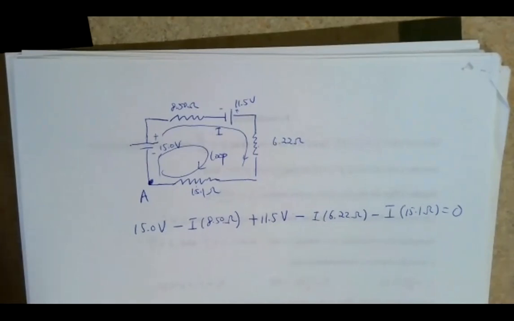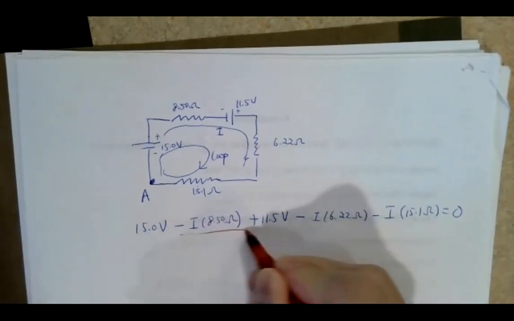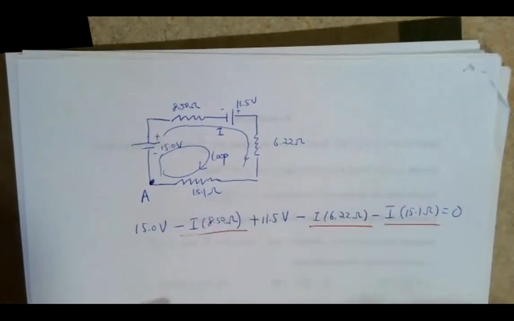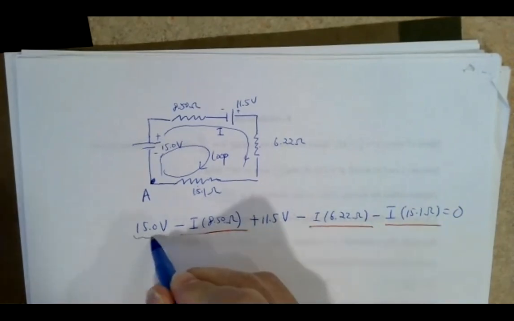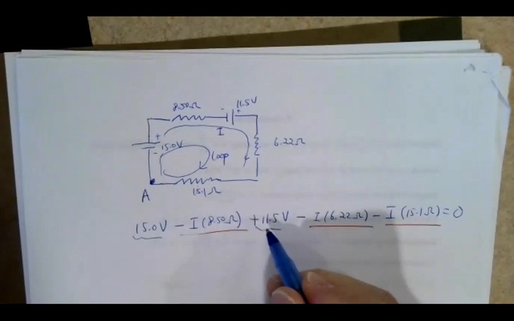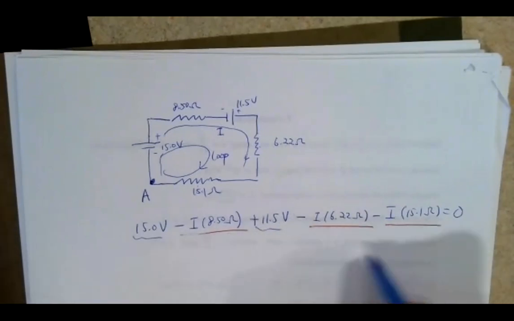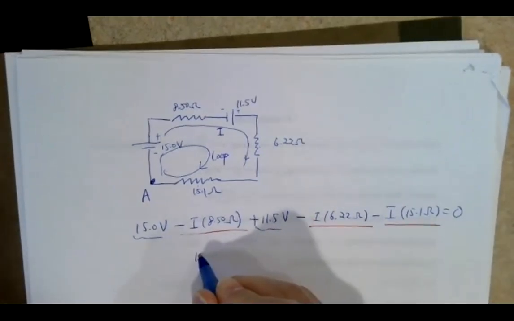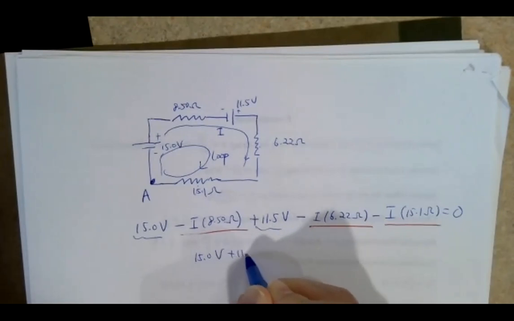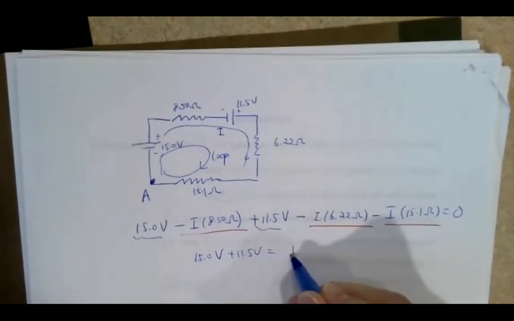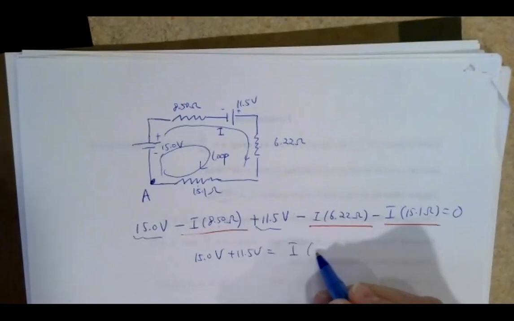Okay. All right, but in here, we can take a look over here. So you are looking for I. All right, so these three terms have I in them. You can put them together and then move them to one side of the equation. You can solve for your I. Okay, so on the left hand side, you can have 15 plus 11.5, and then you can move those three to the other side of the equation. So 15 plus 11.5 will be equal to I times 8.5.